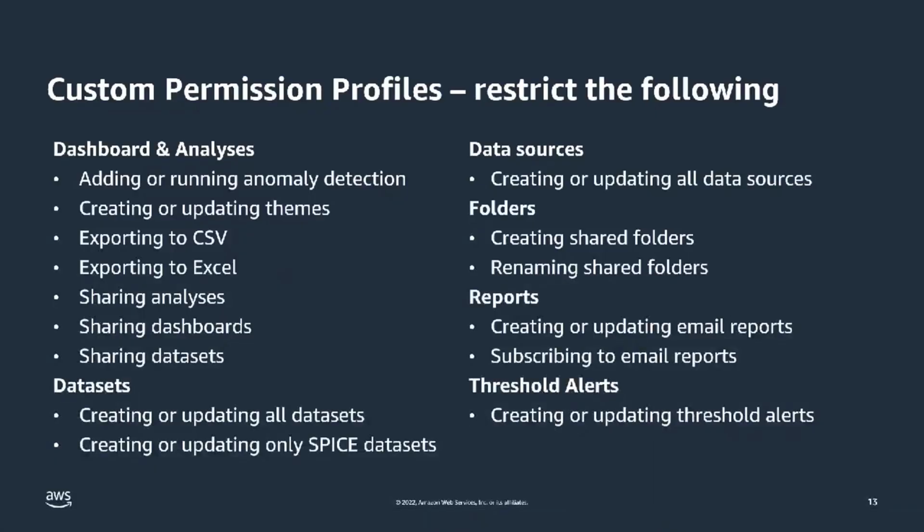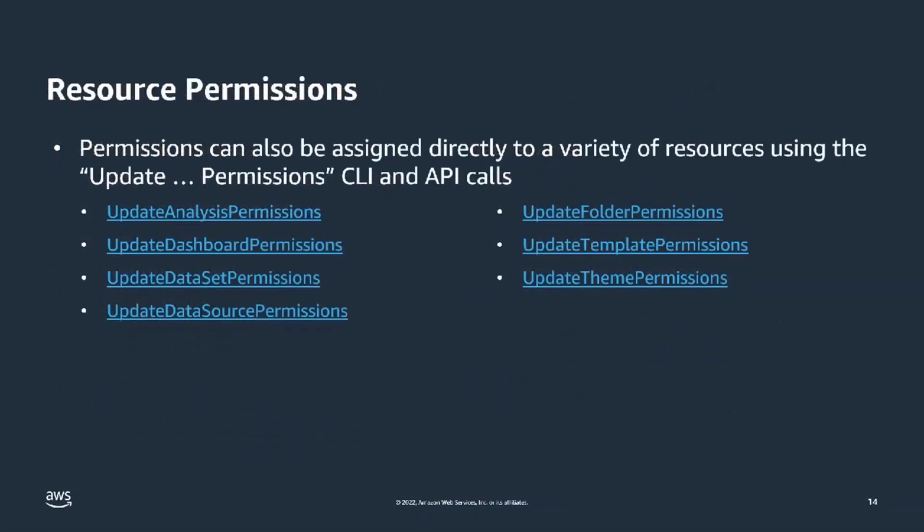So that's a quick example of how you can use custom permission profiles to constrict what your users can do or restrict what users can do. There's also resource permissions. So moving on from what you can do with custom permission profiles, resource permissions can be assigned directly to resources.